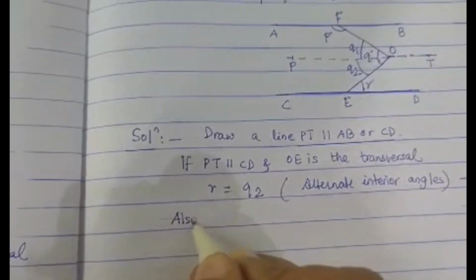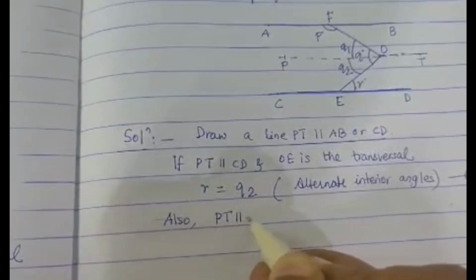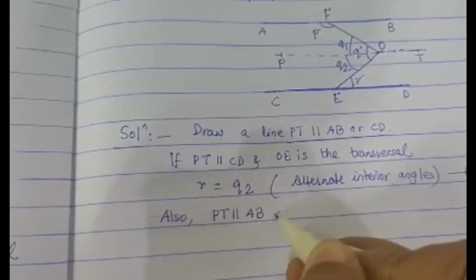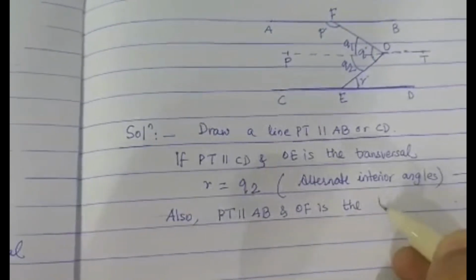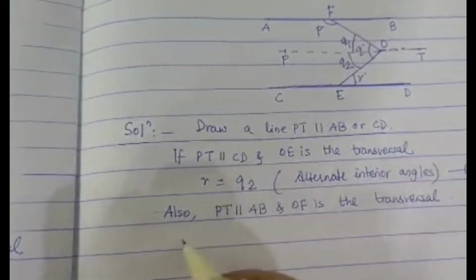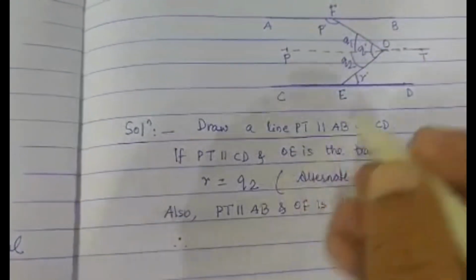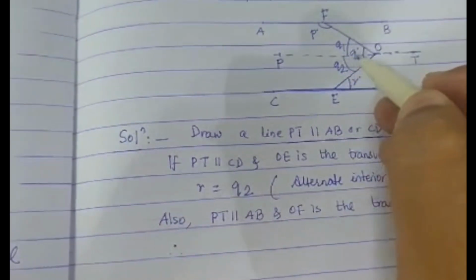Also PT is parallel to AB, and OF is the transversal. Then what can we write?